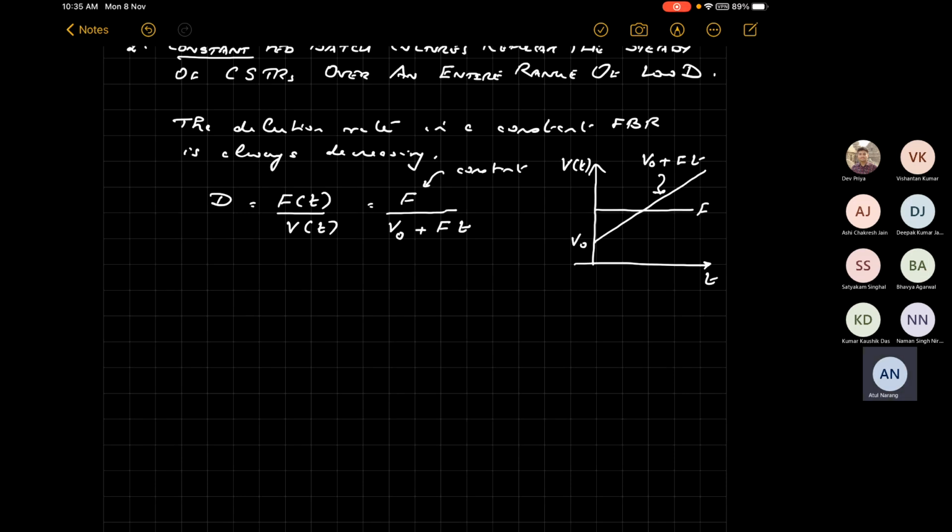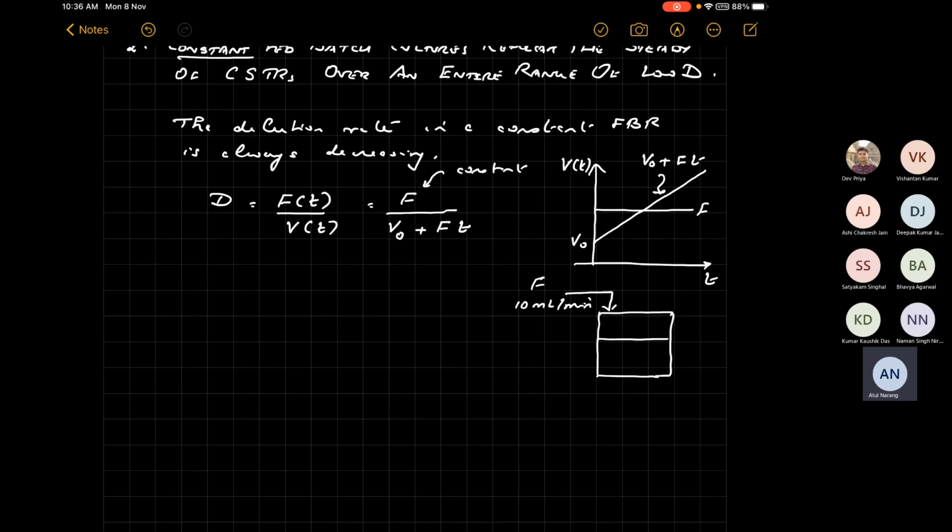This relationship is saying that the smaller the prevailing volume in the reactor, the stronger the dilution. We are dealing with a constant flow rate. Keep in mind, the numerator is constant. It is only the denominator that is increasing. Now, suppose this flow rate is fixed, and let's say this is 10 milliliters per minute.